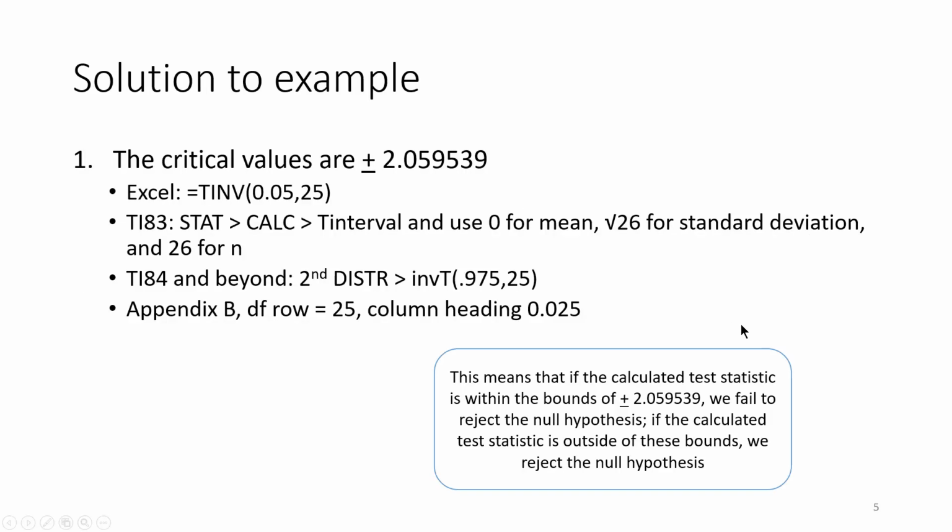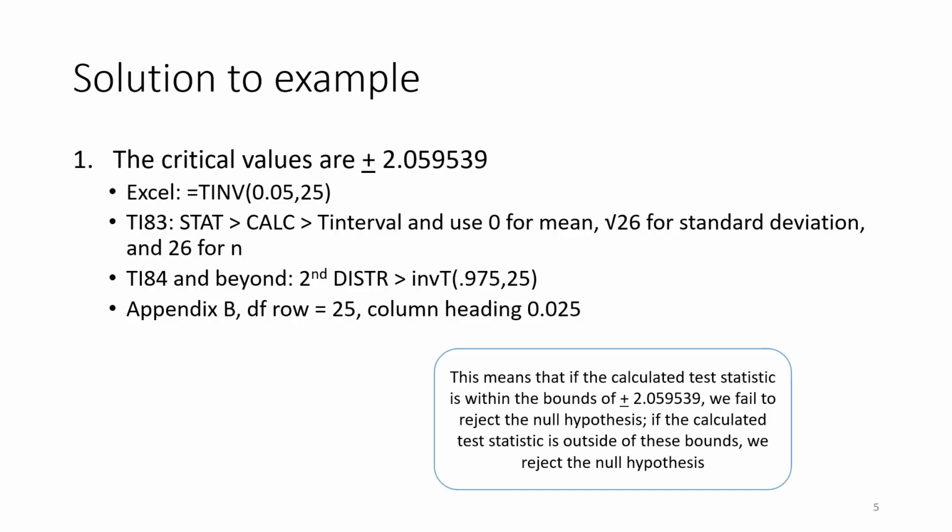The critical values are plus and minus 2.059539. Now how do we get that? Well, we have several ways to do it. We can use Excel and the TINV function. We can use the TI-83 and use the t-interval function for zero mean, square root of the sample size with standard deviation, and the degrees of freedom plus 1, or 26 for n.